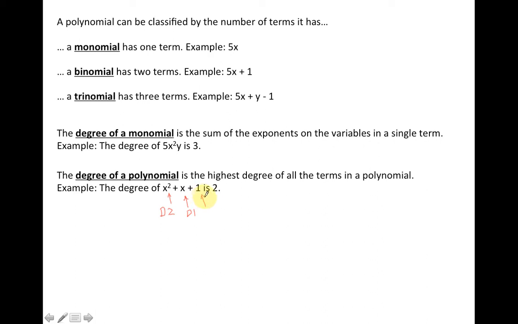And this term doesn't have any variables in it, so it has degree 0. Of those three terms, the highest degree of all the terms is 2, and so that's why the degree of the polynomial overall is 2.